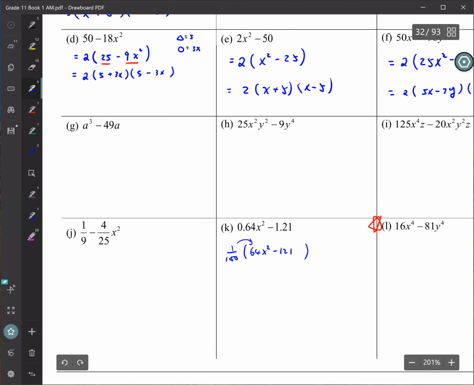Because if you multiply back in, it doesn't change the question, then it's okay. But that's not needed, right? You don't need to take out the GCF like this. You can just work with what you have, okay? So if it's given in decimals, you just work with everything in the decimals.